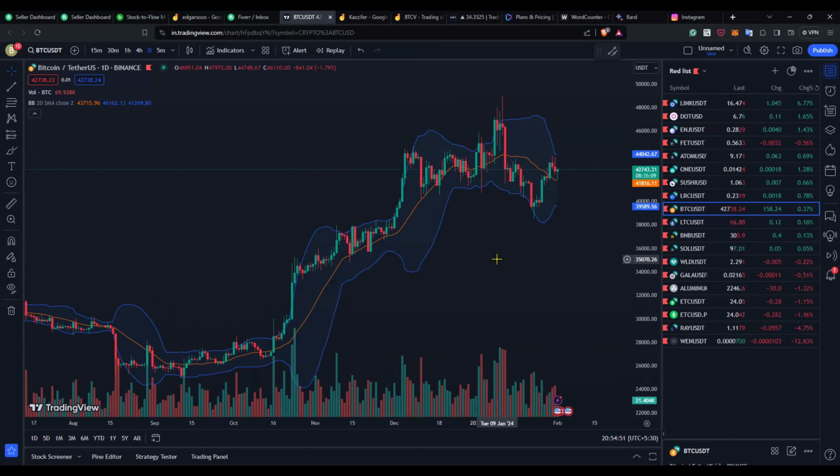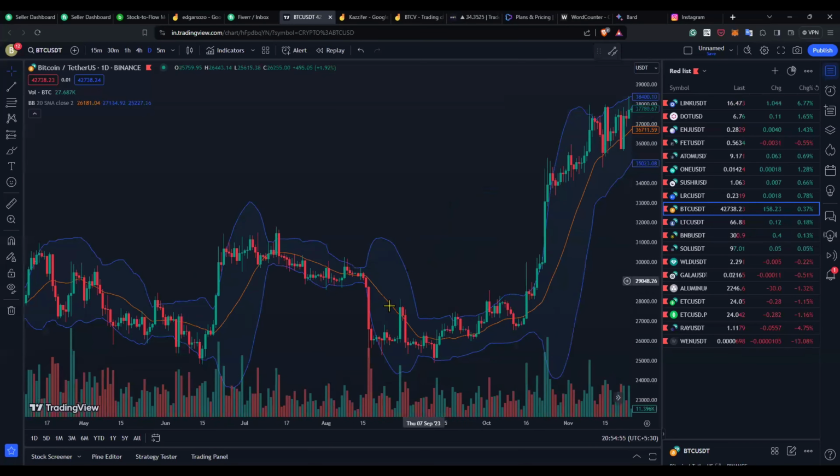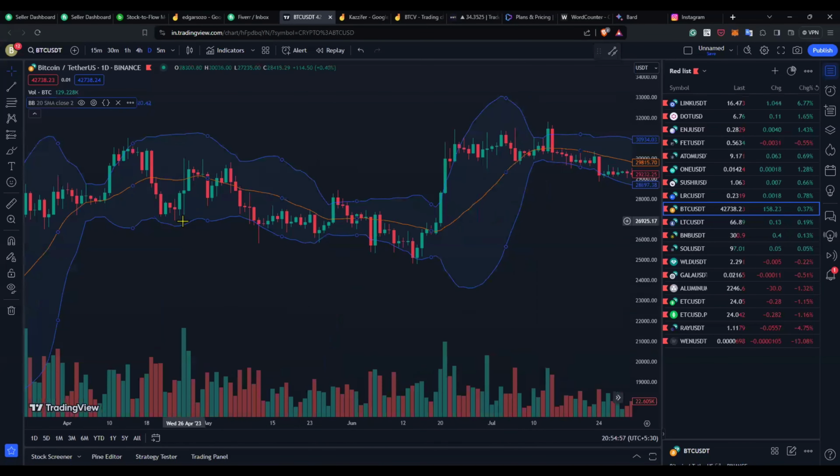If you are in doubt, let's say, just buy when the price is touching the Bollinger Band, something like this, in a very, very simple way. So let's say if you don't understand anything about the market and you want to make just quick bucks, what you can do is use Bollinger Band. If the market is going down, you can use the Bollinger Band, and you can also start doing dollar cost averaging, DCA, which is also useful.